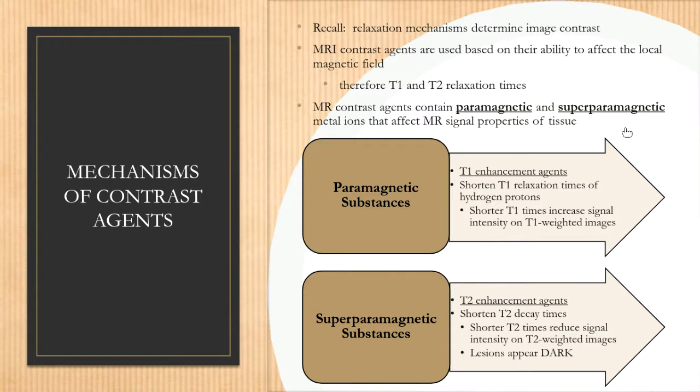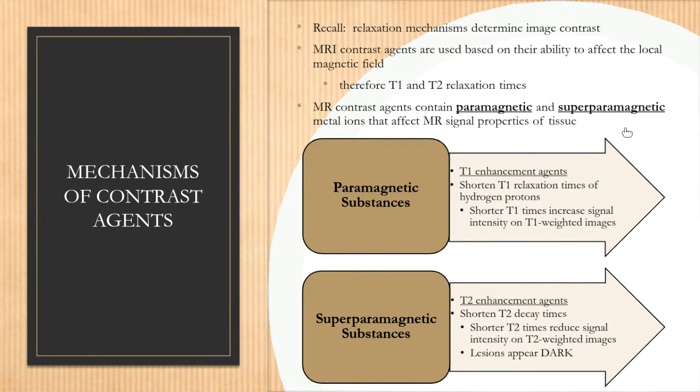So when we're using paramagnetic contrast agents, which are T1 enhancement agents, we need to be aware that the images we're creating should be post and pre T1 so that we can get the maximum benefit or influence of these agents. And likewise with superparamagnetic substances, which influence and shorten the T2 decay times of tissue, we want to make sure that we are using these with T2 scans or sequences.